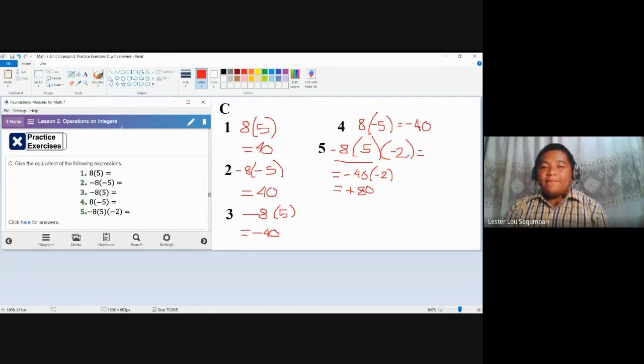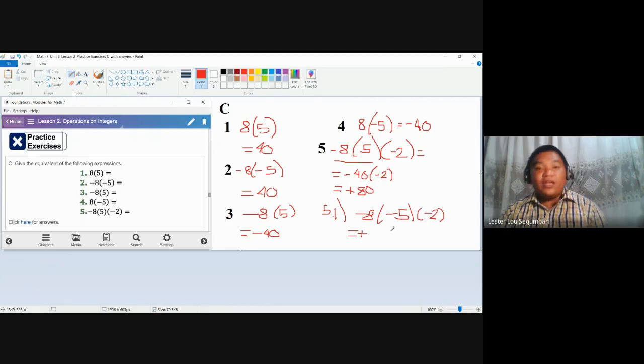Similar to number 5, if I add here 5.1, assuming we have negative 8, negative 5, negative 2. Following that misconception earlier on the rule of signs, they are all the same. They all have negative signs. So I predict that the answer is positive. Okay, do not jump, as I mentioned, because if you do this step by step, negative 8 times negative 5, that's multiplication of two negative numbers with the same sign.